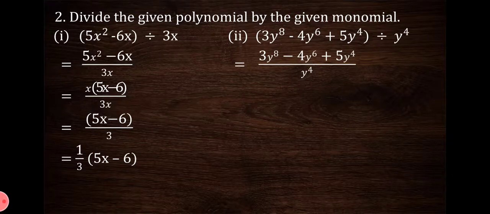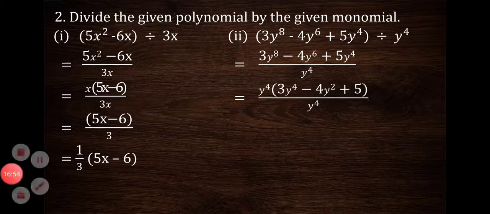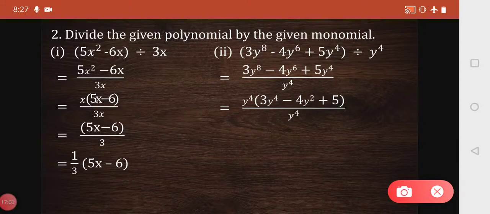So we take out the variable y common according to the powers. We can see that y raised to 8, y raised to 6 and y raised to 4. So minimum we can take out 4 power common, that is y raised to 4 common. After taking out y raised to 4 common from the first term, we will be left with 3y raised to 4, 8 minus 4, that is 4. Then second term, that is minus 4y raised to 6.